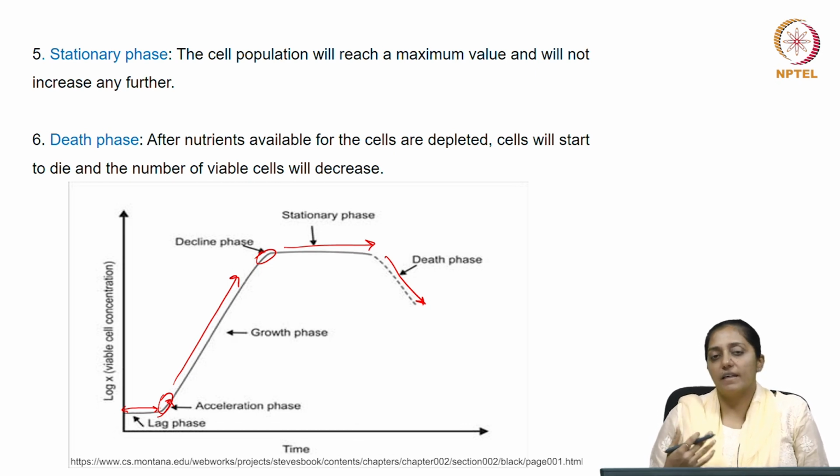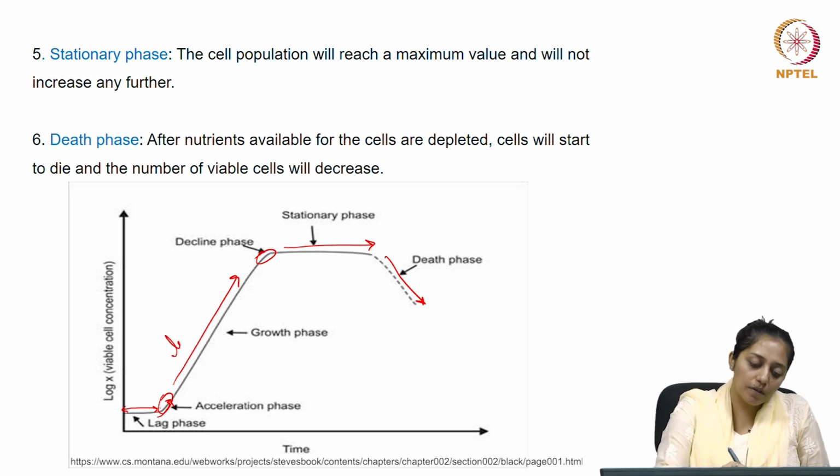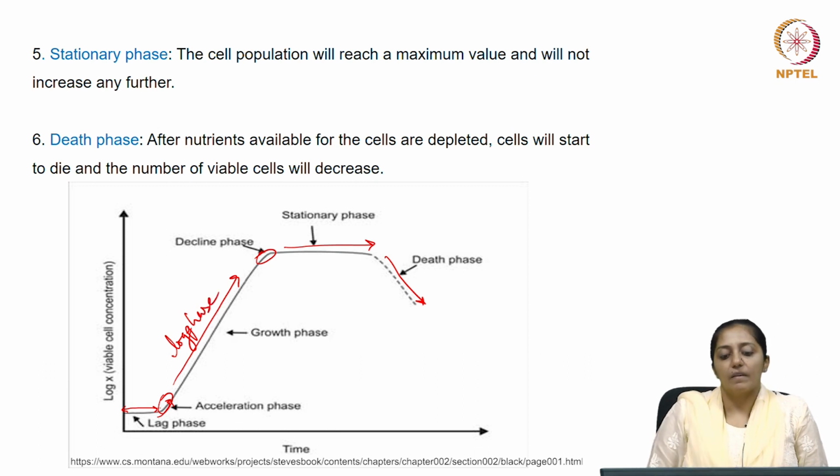So, even if the cells get lysed, the weight is incorporated. The distinct phases which can be observed when the plot is made in terms of cell mass versus time are lag, the log phase, which is written here as growth phase, and the stationary phase.